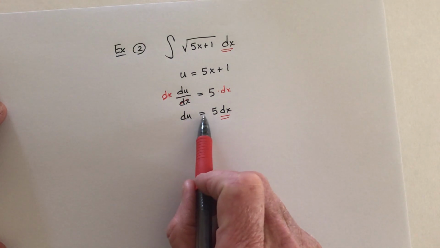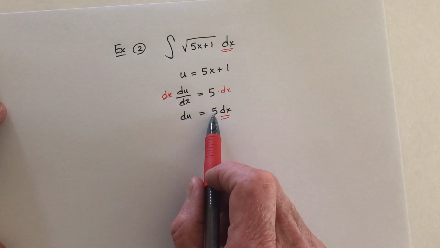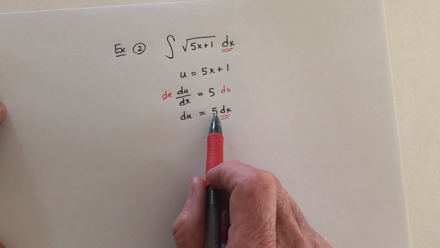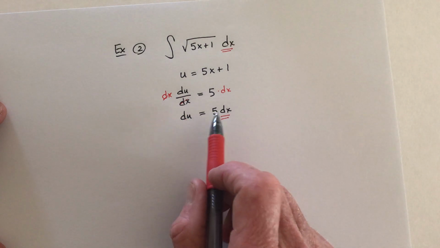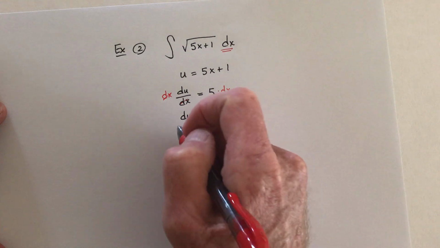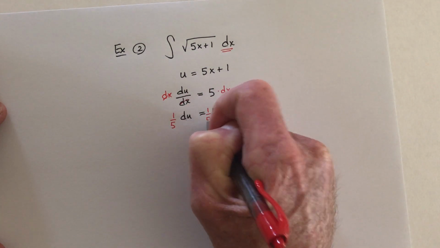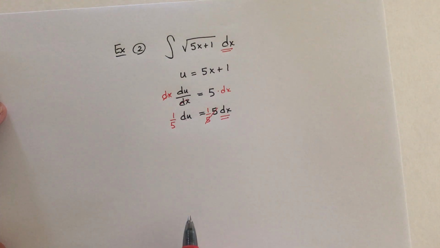Whenever you get to this step right here, you can only multiply or divide by a number. You can't do anything with variables, and you can't add or subtract, you can't square root. All you can do is multiply or divide. So multiply by 1/5 on each side so that these cancel.